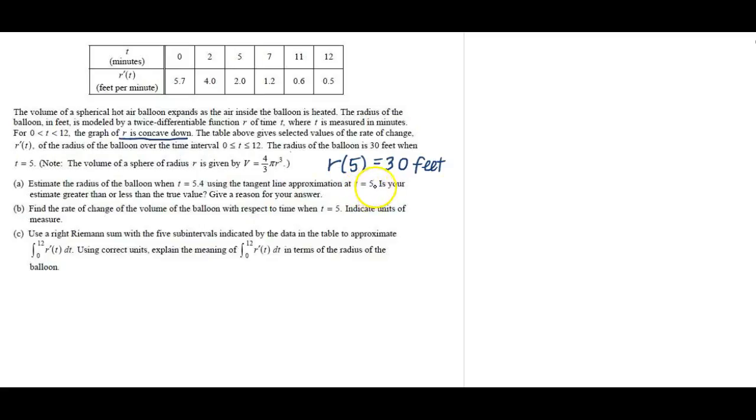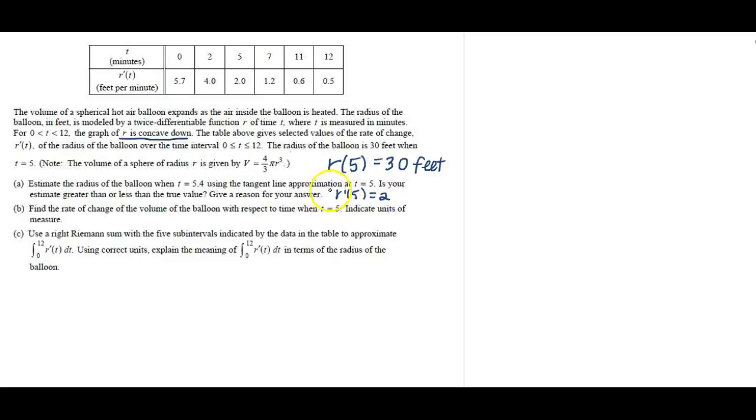So here, the strategy is I need a tangent line at 5. Well, if I need a tangent line at 5, I need a point at 5, which, hey, that's what we just wrote down. My point is (5, 30), and I would need a slope at 5. Well, a slope is r prime of 5, which, again, we talked about, is 2. So I'm just going to write that real quick. r prime of 5 is 2.